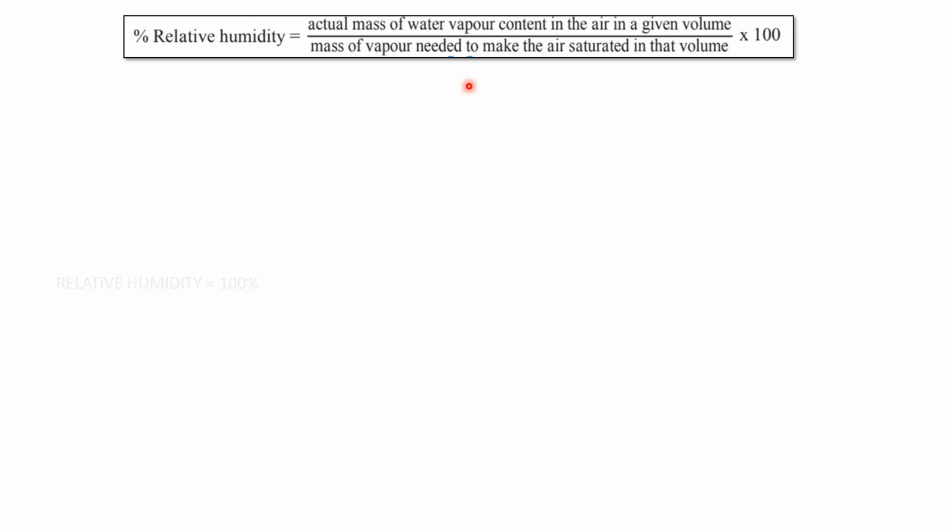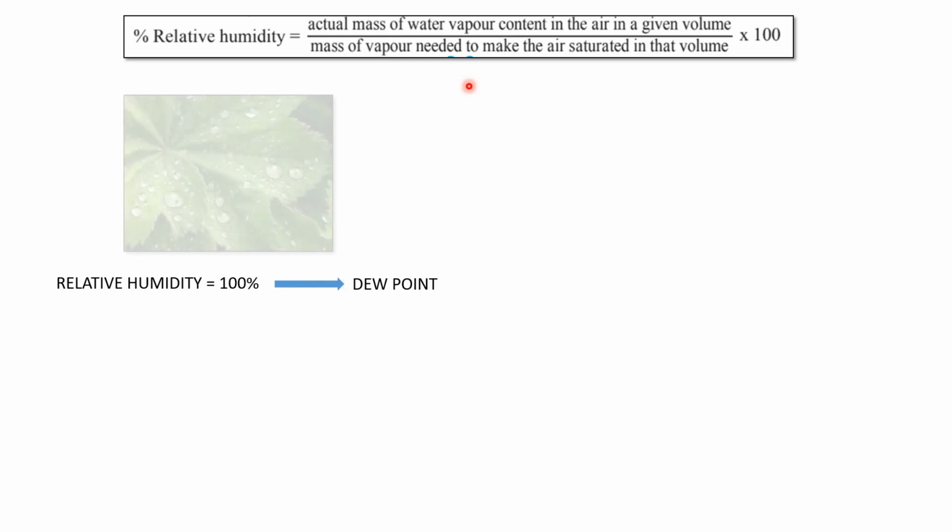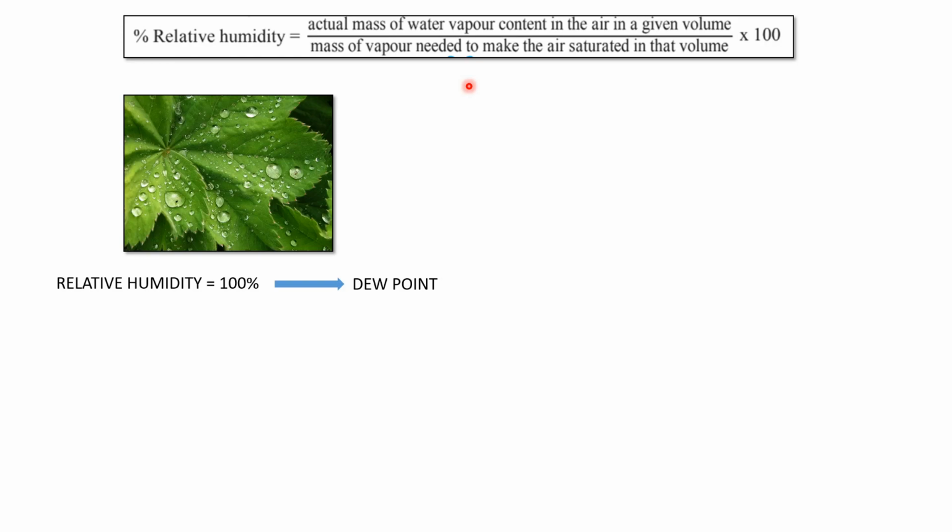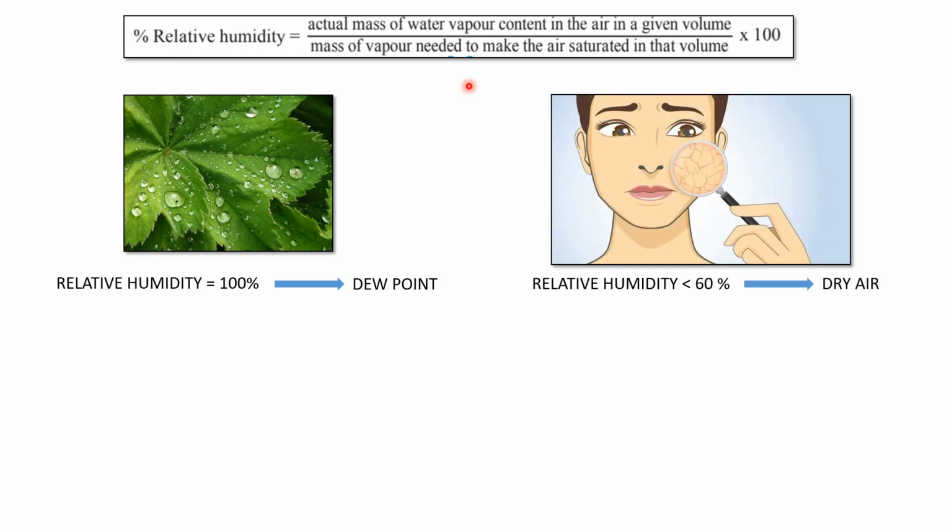If the answer comes to 100%, it leads to the formation of dew, which is like this and which you have already observed in your environment. If the relative humidity is less than 60%, you will feel that the air is dry, which you normally feel in the winter season when your skin appears dry.